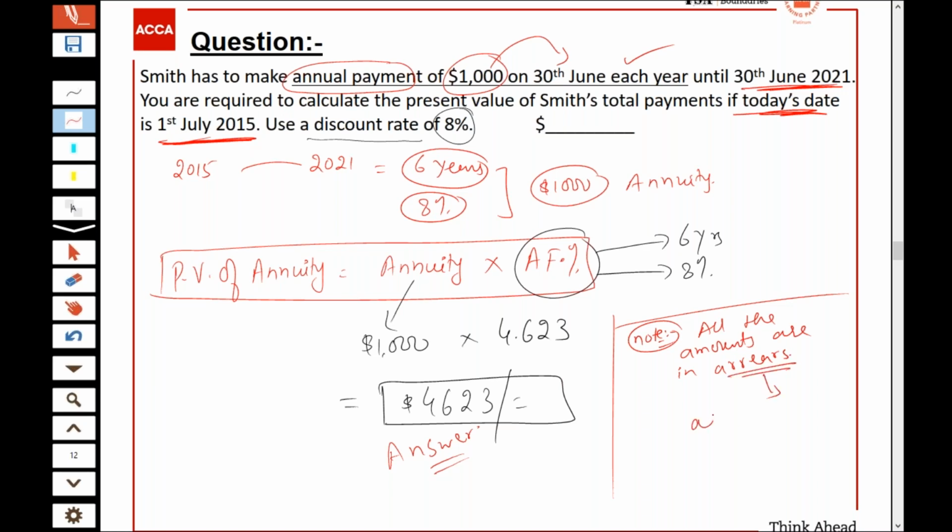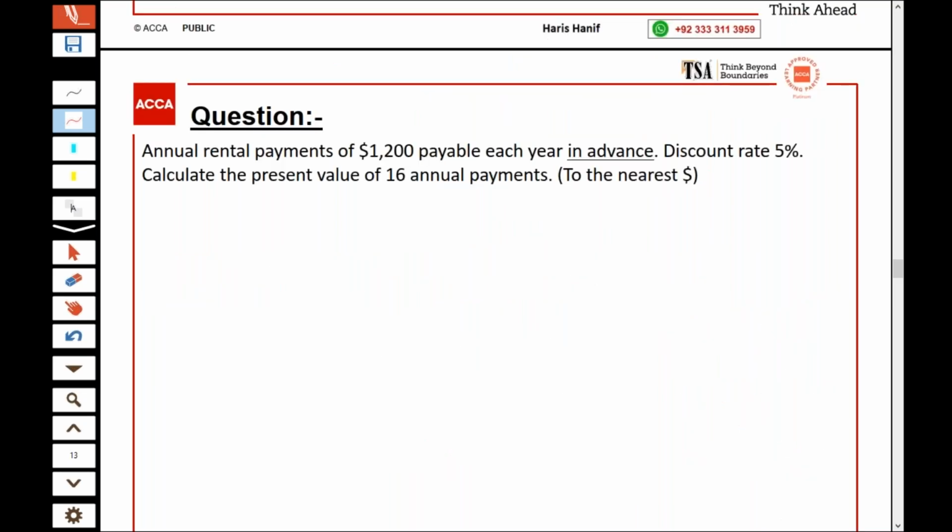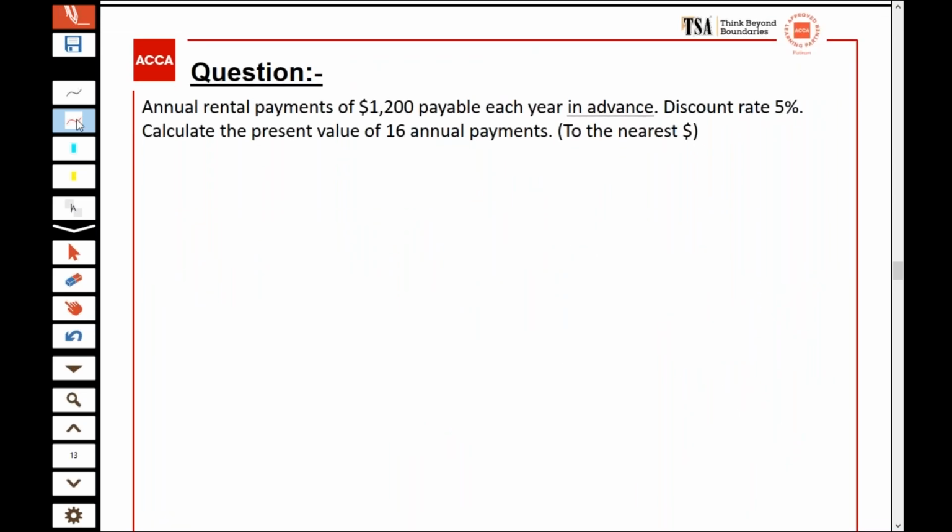Arrears means after 1 year. That means everything which you are receiving is after passing of 1 year. Remember, after passing of 1 year.